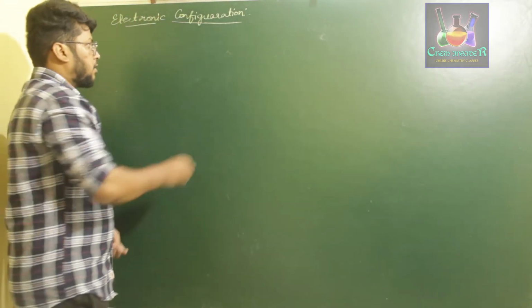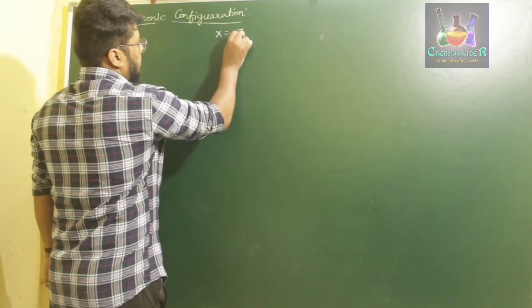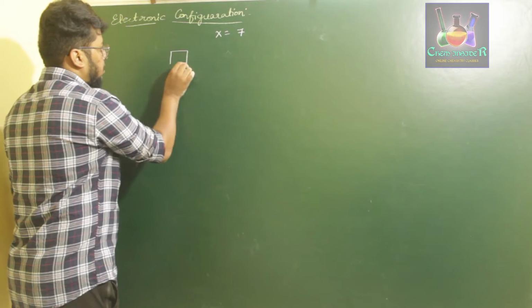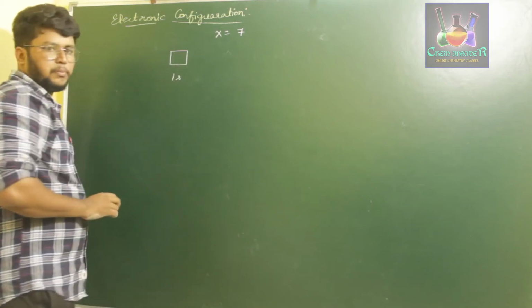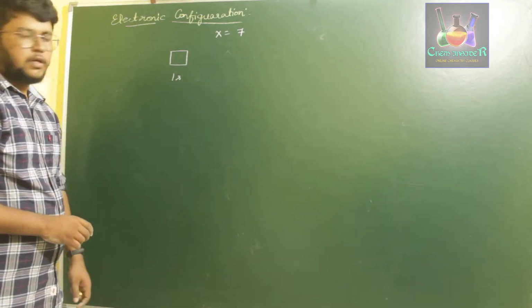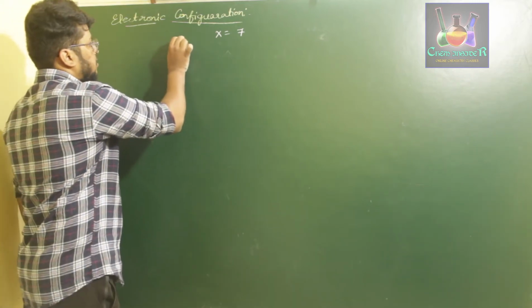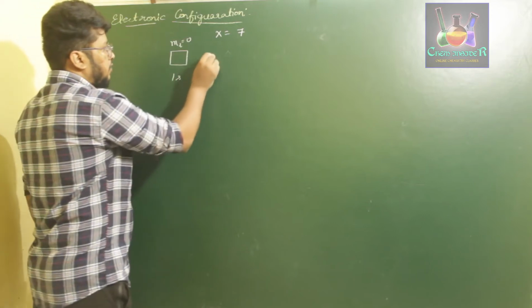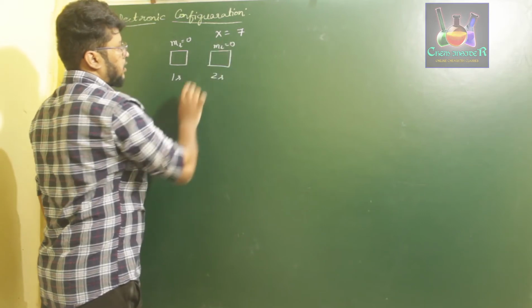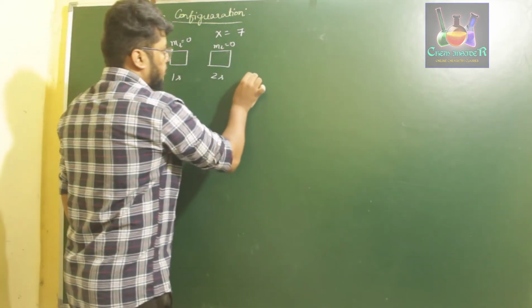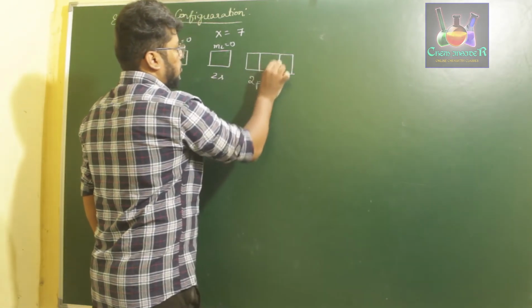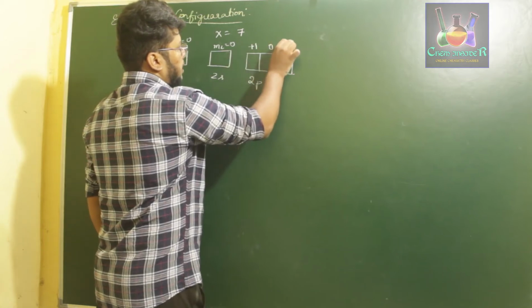Let us say for an atom X equal to 7, we write down the orbitals. The 1s subshell has one orbital whose ml value is 0. Next for 2s, the ml value is 0, that is just one value, one box. Next for 2p, we have 3 ml values, those are +1, 0, -1.